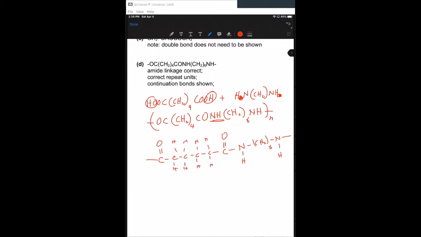This will be the structure. If you are asked to draw the displayed structure, this CH2 6 part also should be shown, but it will be a very long structure, impossible to draw in that space, I think. Okay, Saudan?